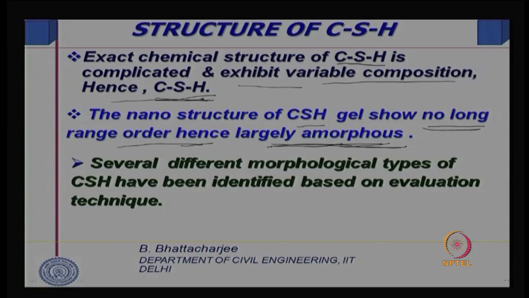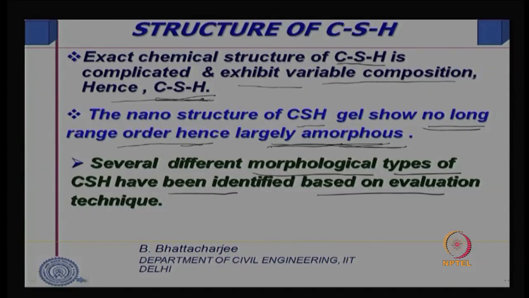Several different morphological types of CSH have been identified based on the evaluation technique. They have similarity to some pure calcium silicate hydrates produced otherwise, not from the cement, namely tobermorite or similar ones.